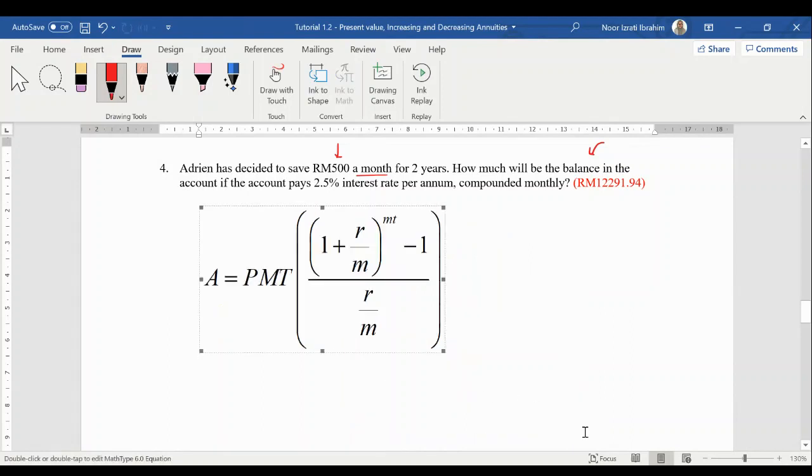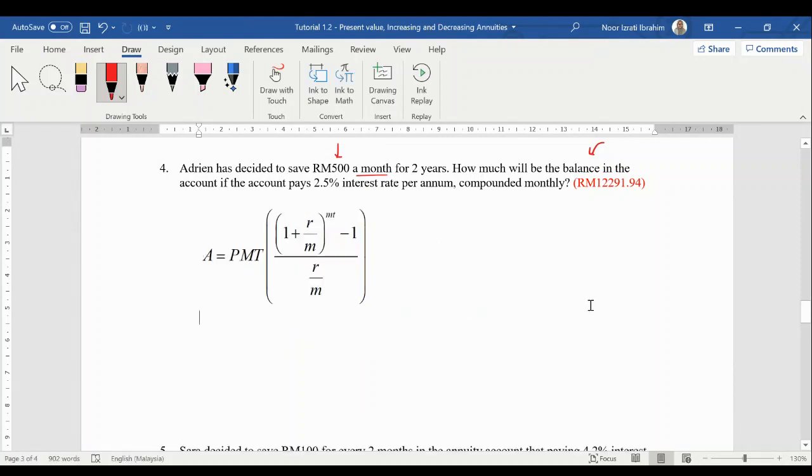This formula on the screen that you see now. Where 500 is the PMT. T, period of investment, 2 years. R, 0.025. Compounded monthly, M equals 12.